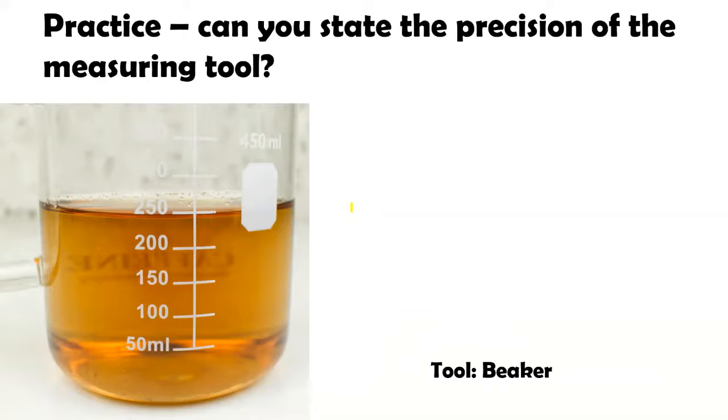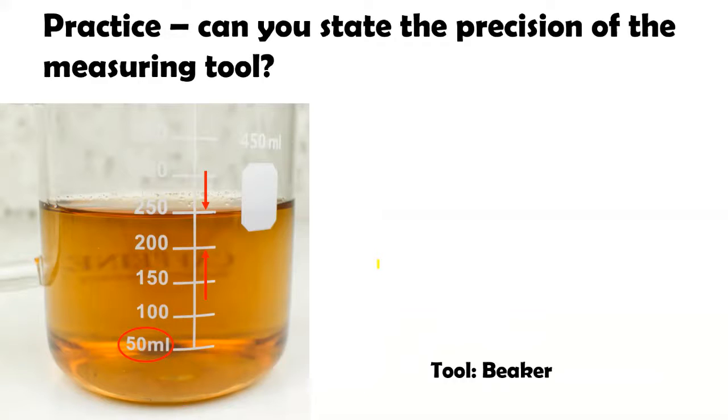Now, here's a beaker. Beakers aren't as precise, clearly, as a graduated cylinder. It tells us that the units are milliliters. And so now the question is, how many milliliters are there between the lines? Well, in this case, each line is labeled, so it's fairly easy.